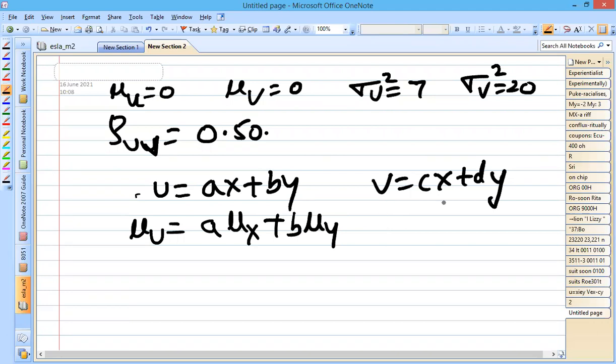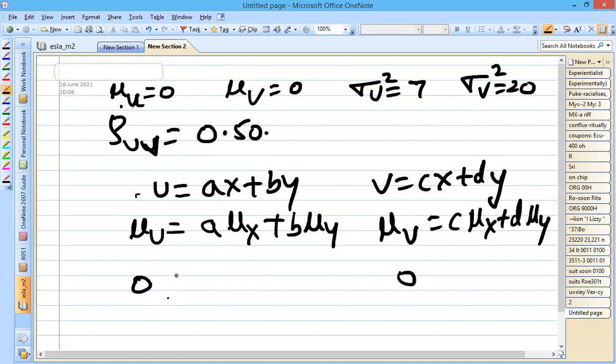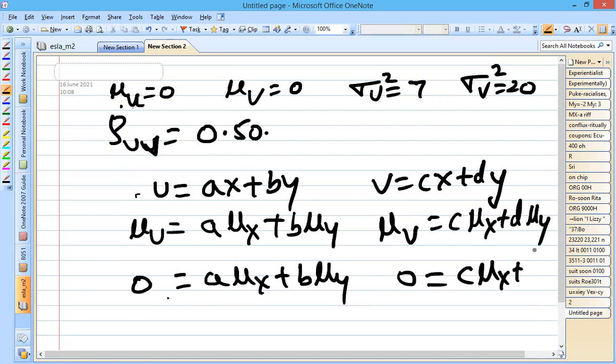Similarly, for this expression we'll be getting mu v is equal to c mu x plus d mu y. But in the problem it says that mu u and mu v are 0. So put both the values as 0, which implies that 0 is equal to a mu x plus b mu y, and similarly 0 is equal to c mu x plus d mu y.